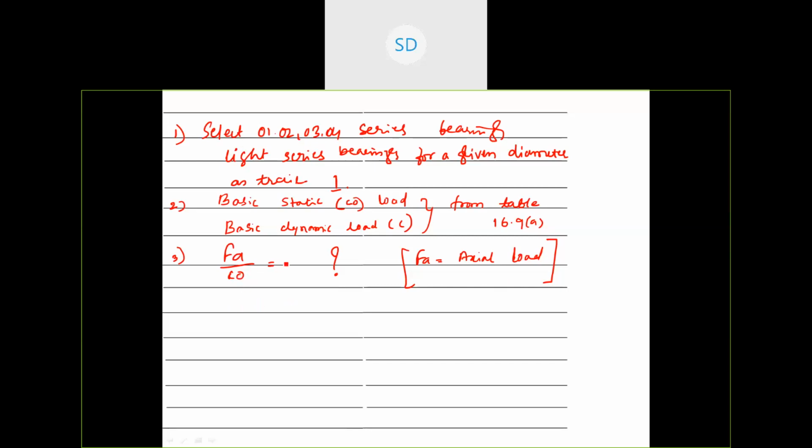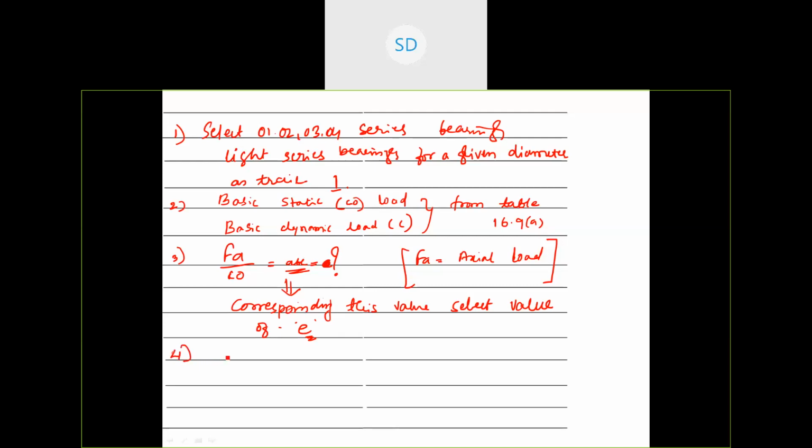Now corresponding to this value, select the value of E, that is the eccentricity value. Note down how much you get.